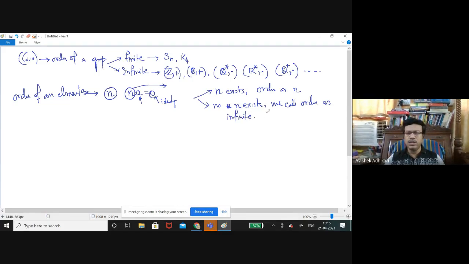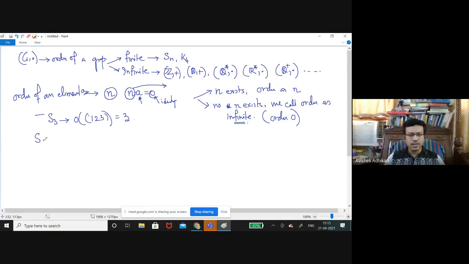Some authors sometimes say order 0, but the popular one is infinite order. For example, in S3, we have already seen that the order of the cycle (1 2 3) is 3.